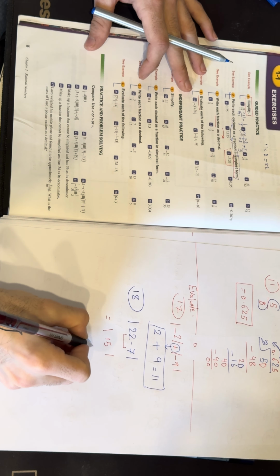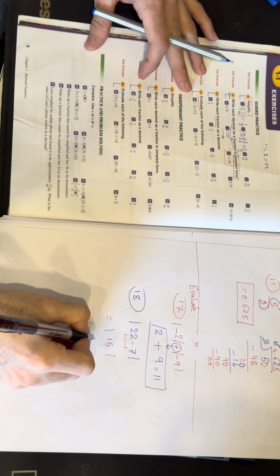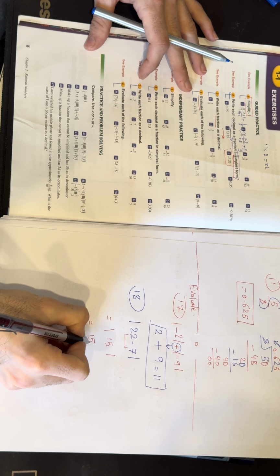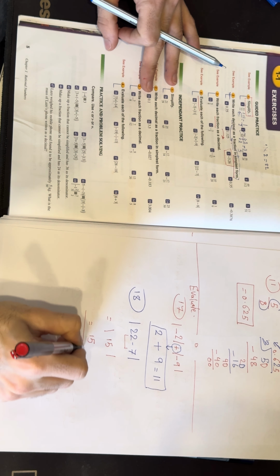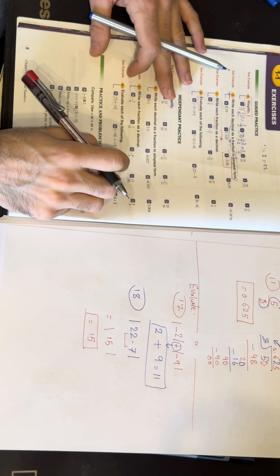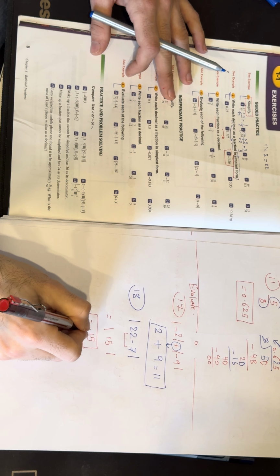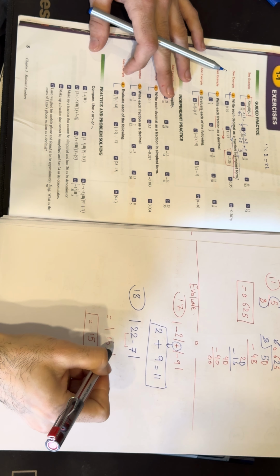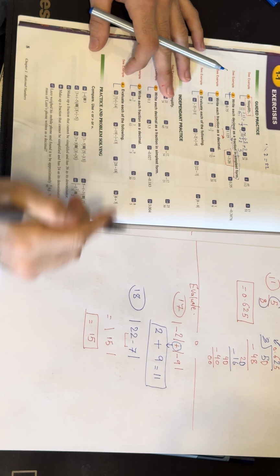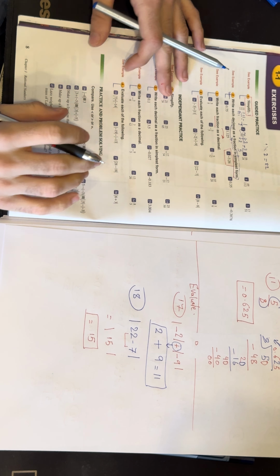Now if I remove the absolute value of the 15, how many units is 15 far from 0? 15 units. So that means the answer will be 15. Can this one be negative? No, because when we take out something from absolute value, it always becomes positive.